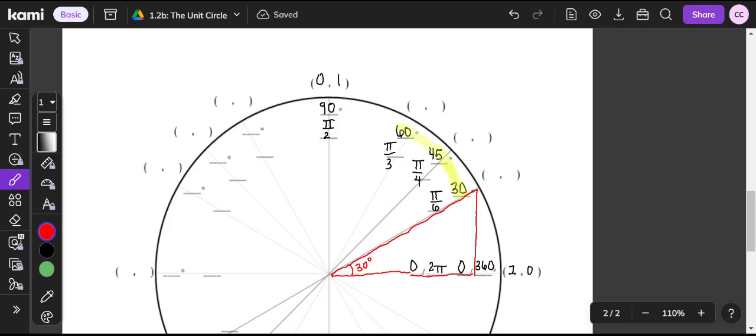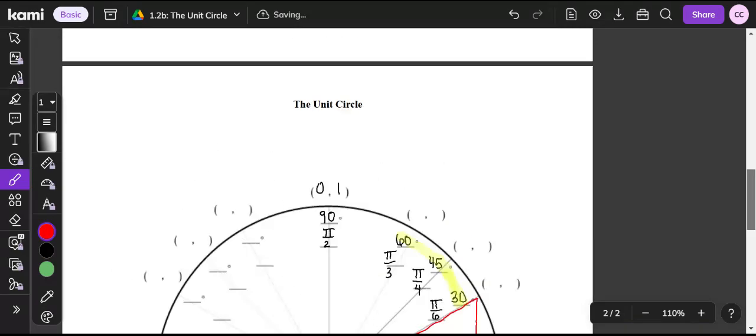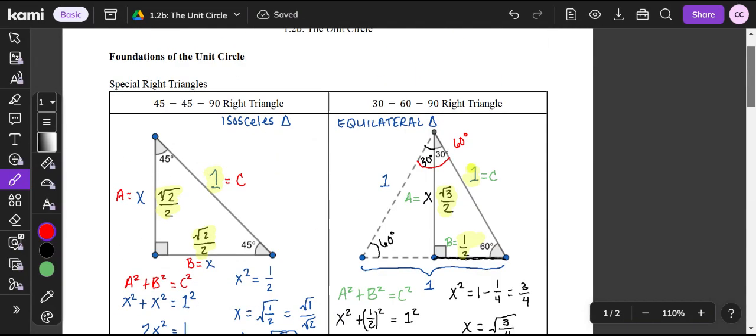And if I go back to my diagram, this is the x distance of my triangle. This is the y distance. And if I go back up to my diagram, I learned that the side across from 30 degrees must be 1/2, and the side adjacent to 30 degrees must be √3 over 2.